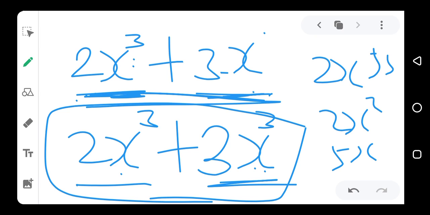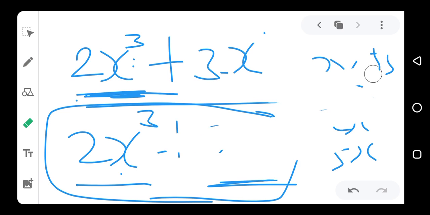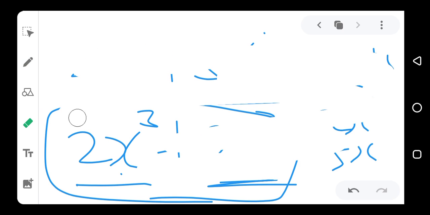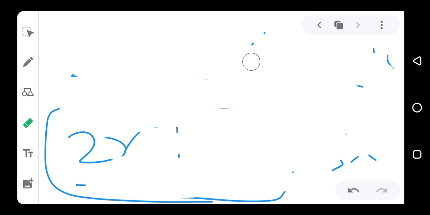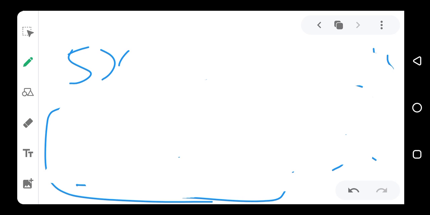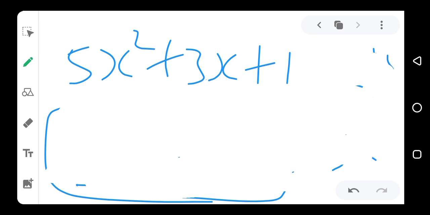Then when we have three terms, like 5x raised to power 2 plus 3x plus 1, this has three terms.